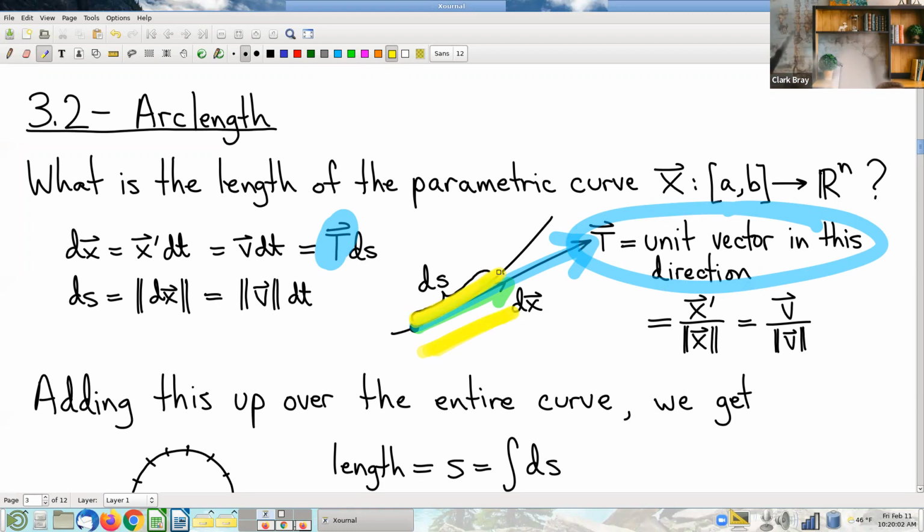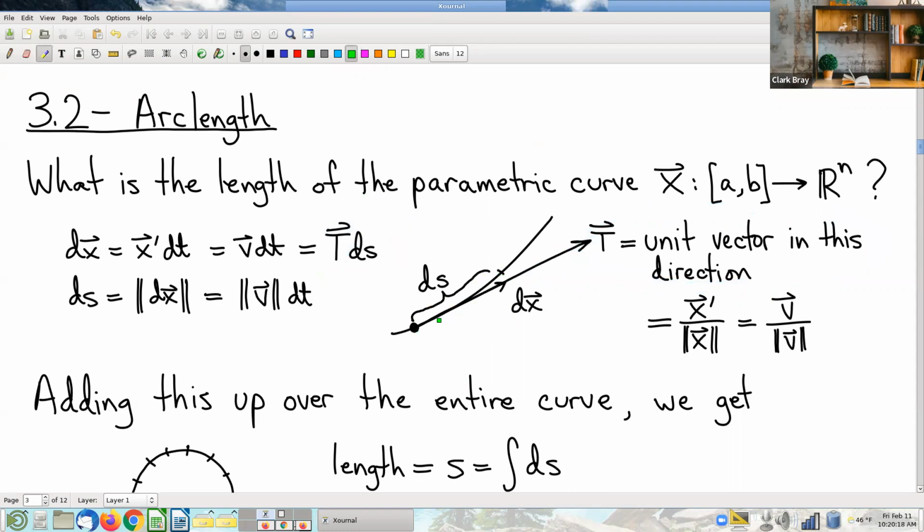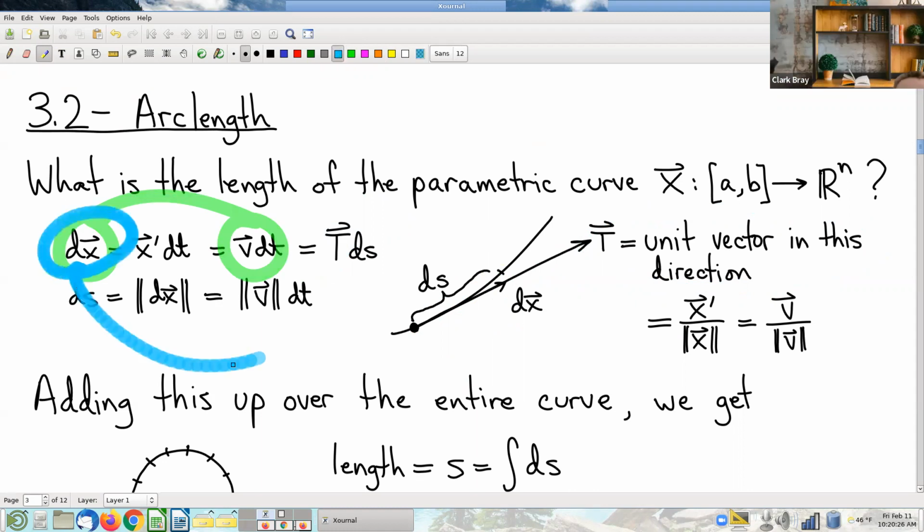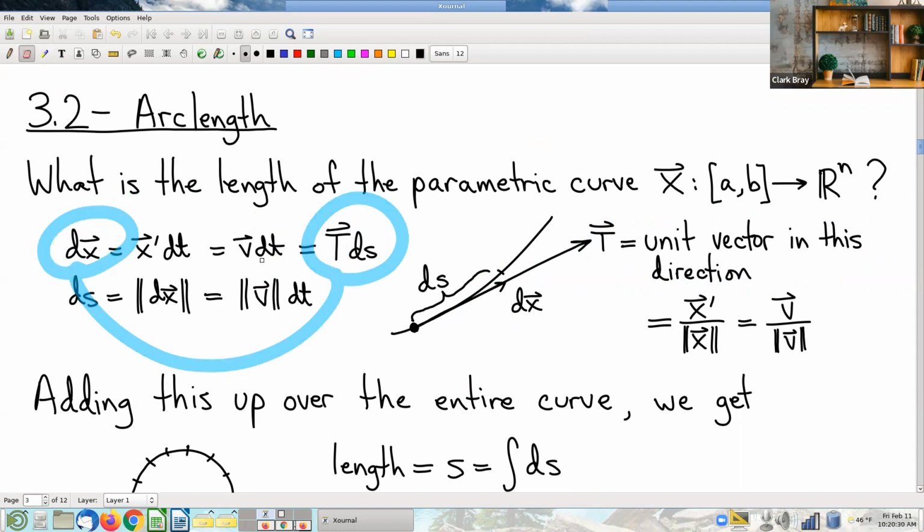Our linear estimate of the length of the curve. So ds. So that's another pretty reasonable way to think of the position differential as T ds. And what we're going to find is that in different circumstances, sometimes it's more convenient to think of dx as that. And in other circumstances, just because of whatever the particulars of that circumstance, it's going to be convenient to think of dx like that. So it's good to know both formulas. Okay.